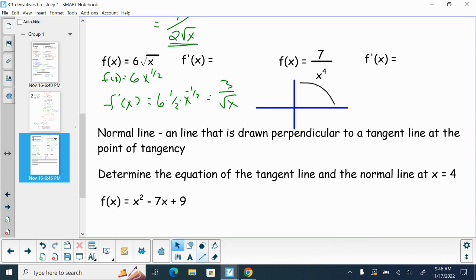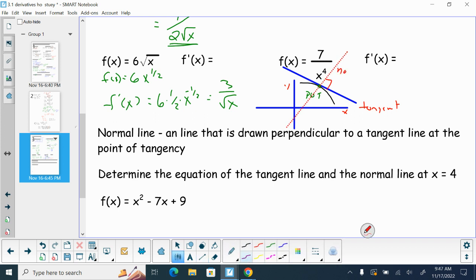We've talked about tangent lines intersecting exactly one point or just touching. So here's your tangent line. A normal line is perpendicular to the tangent line at this point of tangency. So we have our point of tangency here, and if we go perpendicular to that, this is our normal line.